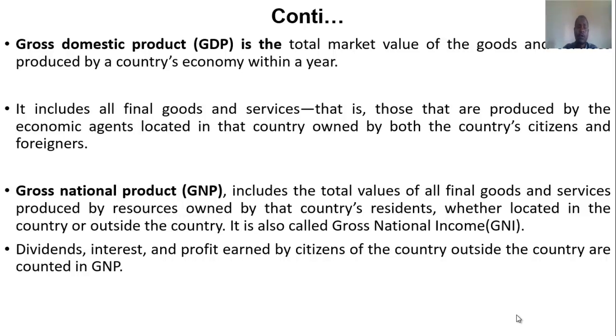Gross domestic product includes all final goods and services produced by the economic agents located in that country, owned by both the country's citizens and foreigners. Economic agents means economic organizations and institutions. They can be companies, factories, service organizations, financial institutions. An economic agent is any organization or enterprise that makes profit.